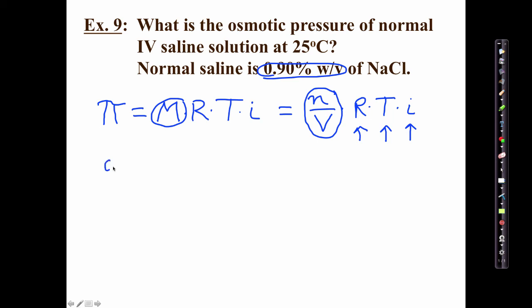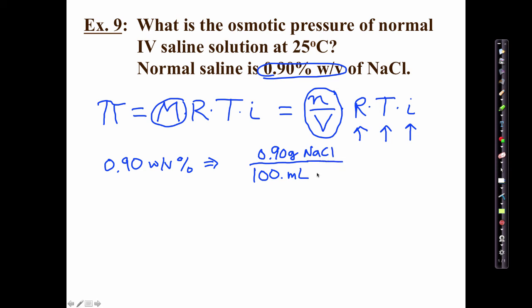So basically what we need to do is to note that 0.90 weight volume percent means that if we had 100 milliliters of solution, we would have 0.9 grams of NaCl.